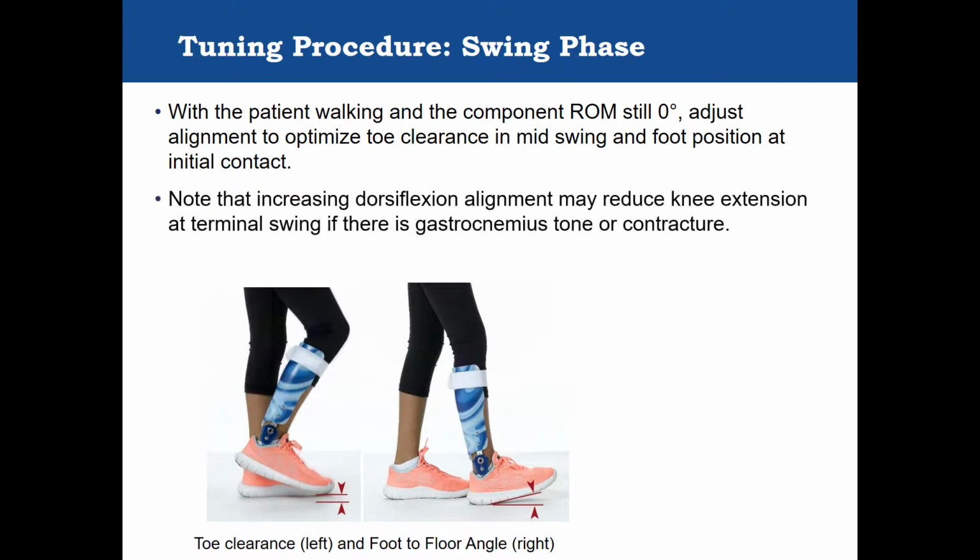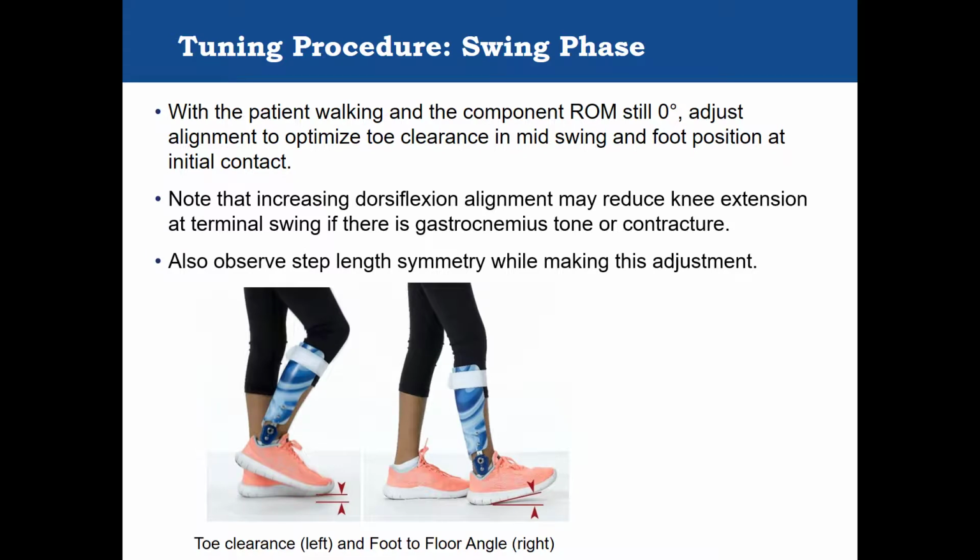Please note that if there is insufficient range of motion or high tone in the gastrocnemius, increasing dorsiflexion alignment may reduce knee extension at terminal swing and decrease the foot-to-floor angle at initial contact. Observe step-length symmetry by gauging the position of the heel with respect to the contralateral toe during this adjustment.